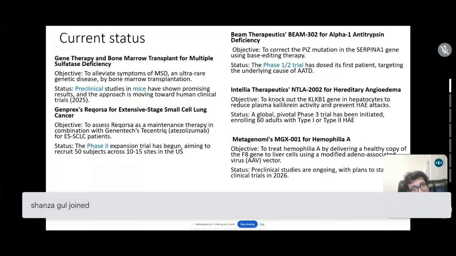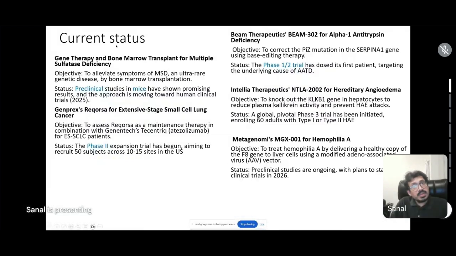So to alleviate the symptoms, you can now use gene therapy. Preclinical studies in mice were promising. However, in that case it was just a bone marrow transplantation.